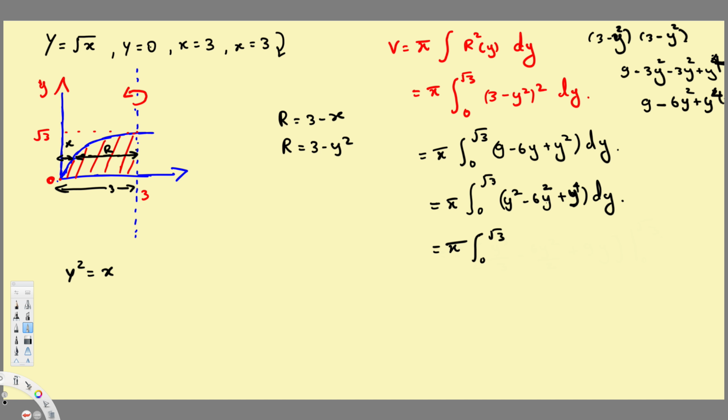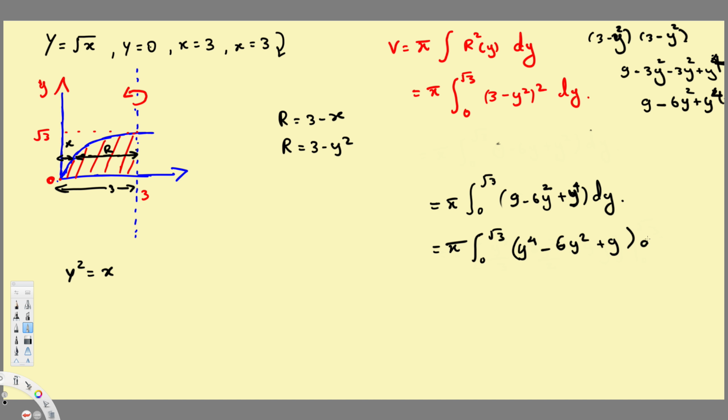So we write y power 4 minus 6y squared plus 9 dy.